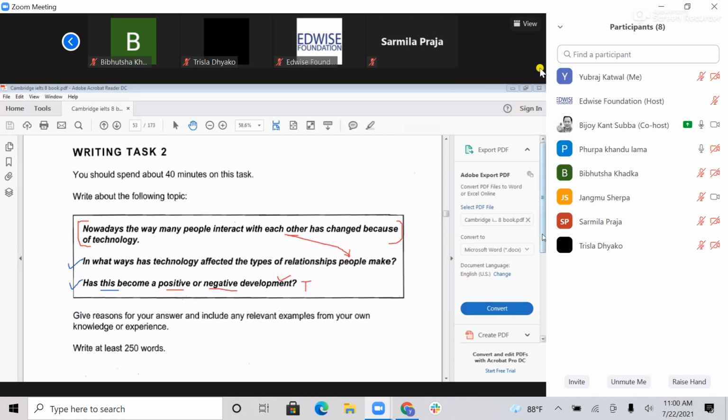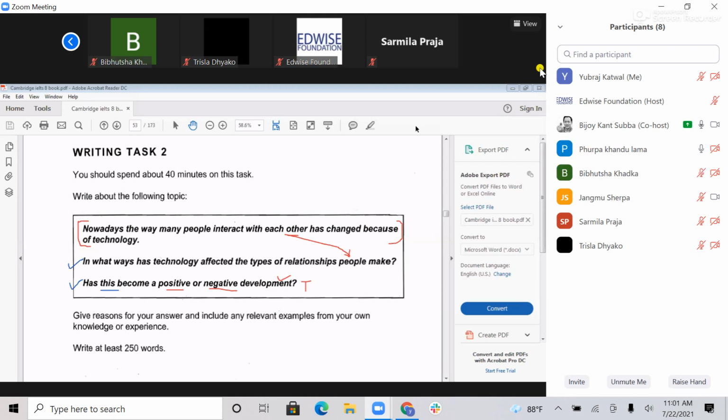So what I want you to do is write the previous essay. Bibutsa, Football, go to the previous essay, the introduction, and write the previous essay about nuclear technology. The same with Yuvraj, you're also going to write the previous essay.